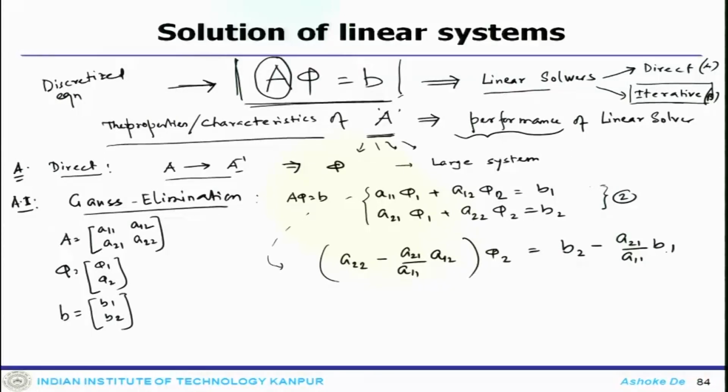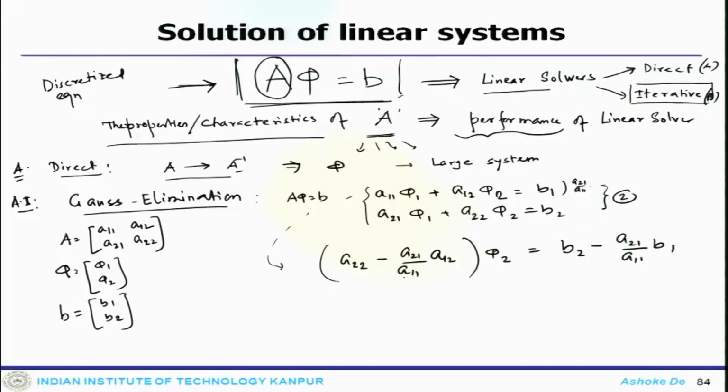So, what we have done is multiply this equation by A21 by A11 and then subtract it from the other equation. So, essentially that is what you get.